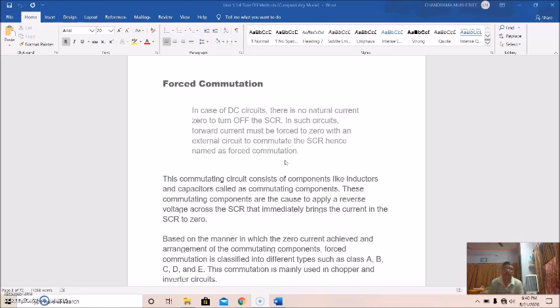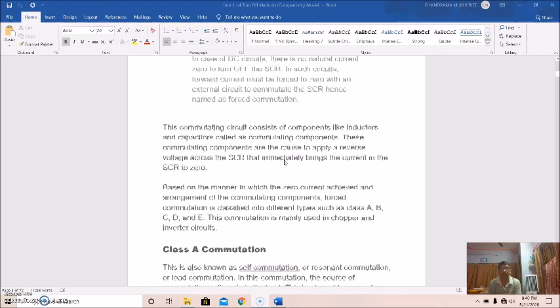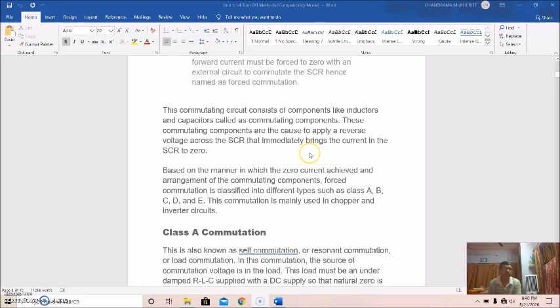In such circuits, the forward current must be forced to 0 with an external circuit to commutate the SCR. This commutating circuit consists of components like inductors and capacitors, which are called commutating components. These commutating components apply a reverse voltage across the SCR that immediately brings the current in the SCR to 0.